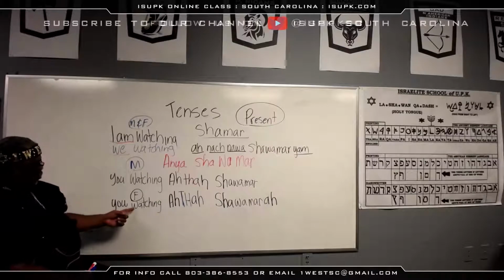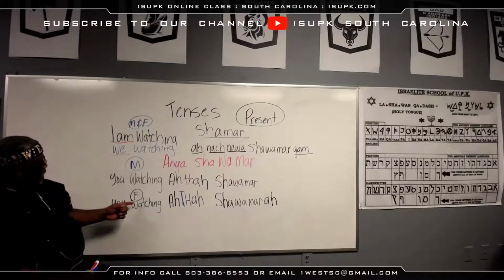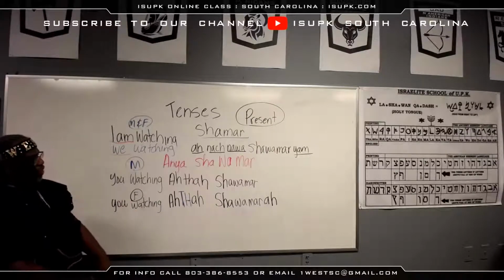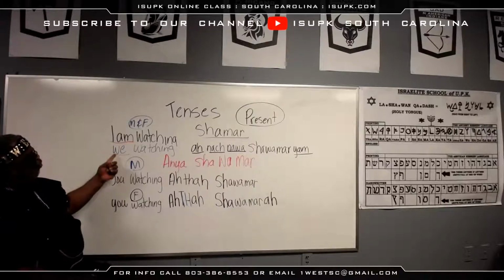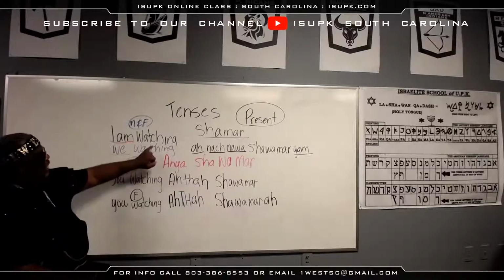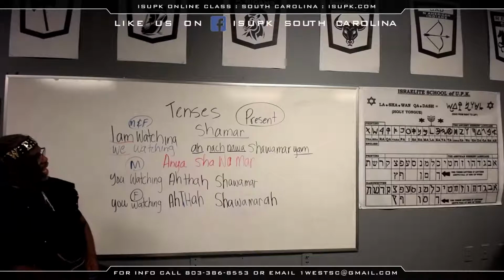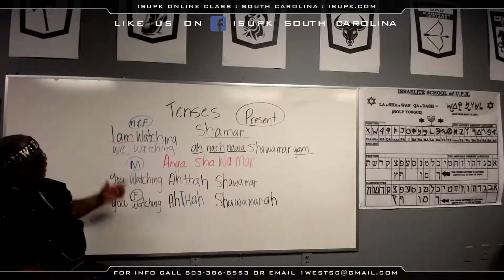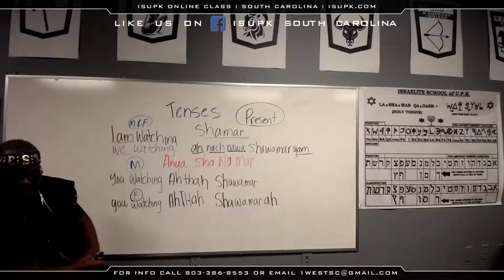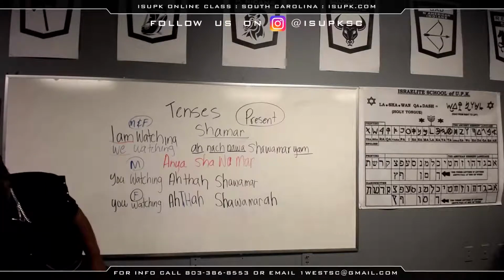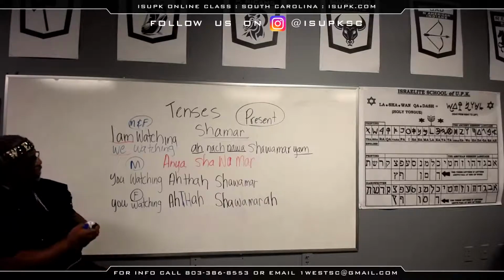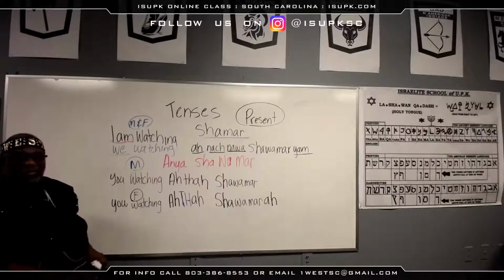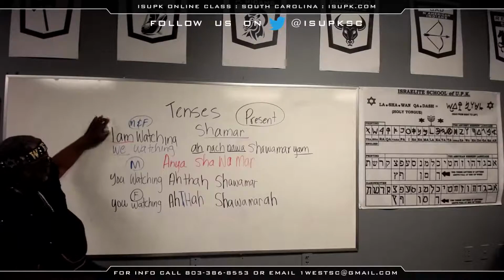Then you watching in the female, that's atha shawamara. Then we have we are watching, nawa shawamariam. It seems like a long sentence, but these are a few tenses that you can use in the present tense. Let's go on to the next one. Hopefully everybody got that one right here. Okay?